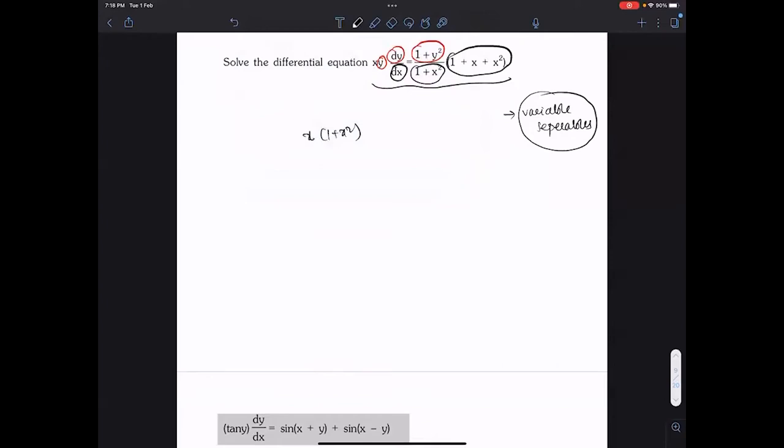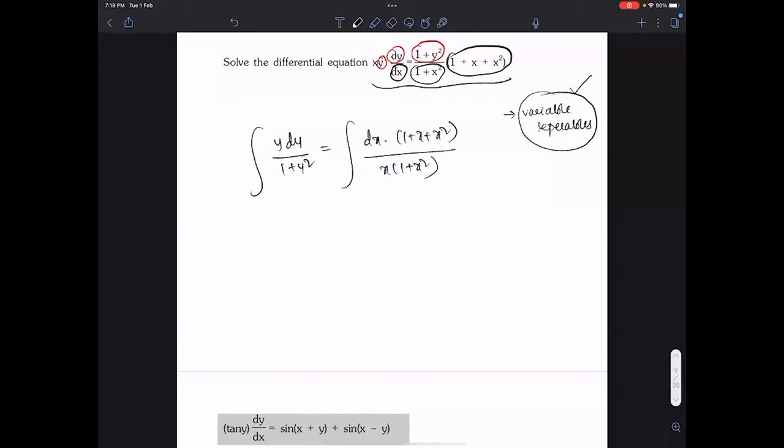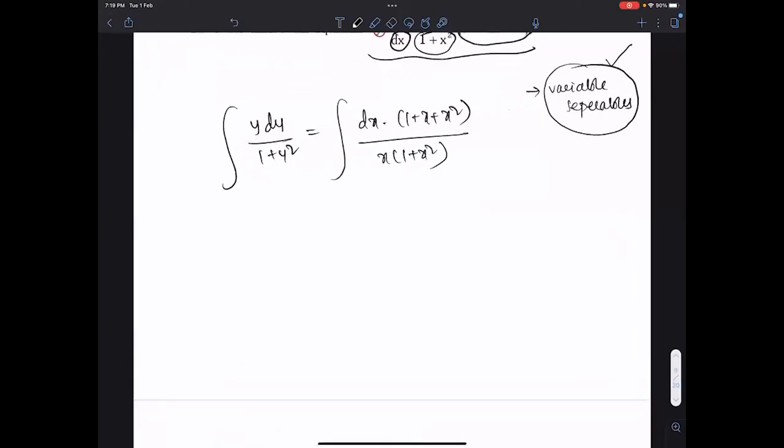So what you will have if I do that? So y dy by 1 plus y square. All x terms one side, dx into 1 plus x square by x into 1 plus x square. Now just you need to integrate both sides. You will get the solution. So that is only the variable separables. Pretty straightforward. You need to know how to integrate.